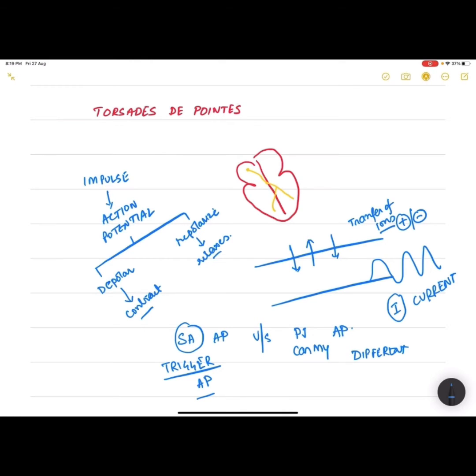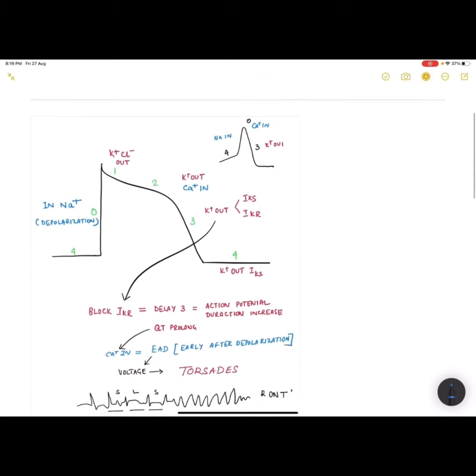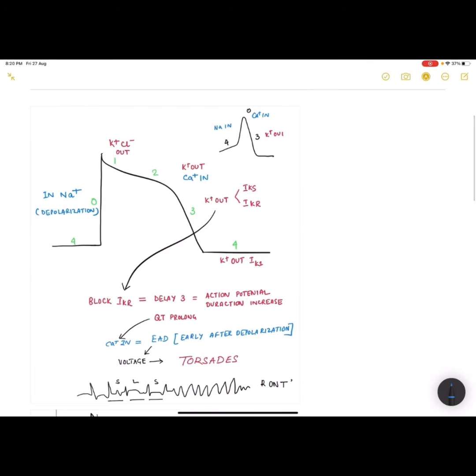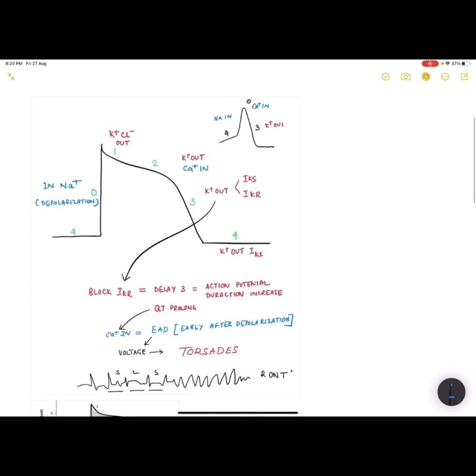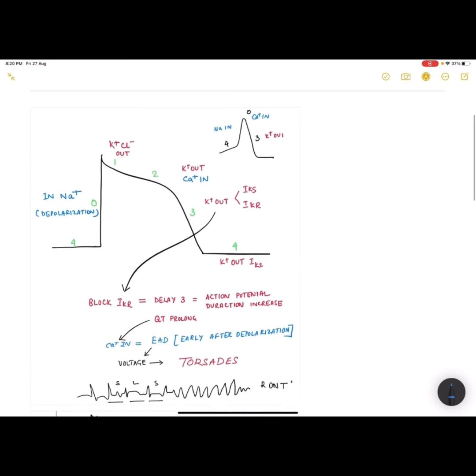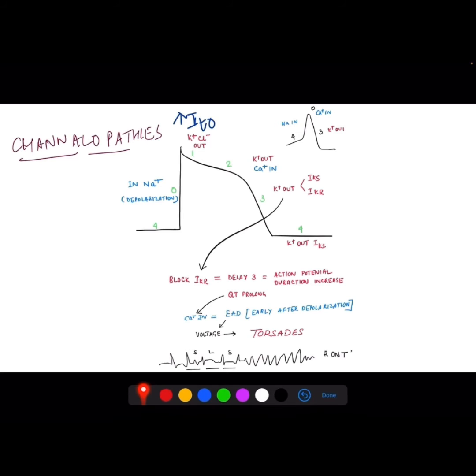Okay, so let me come back to the action potential curve. This is the action potential curve which you can see. In this there are totally 5 phases: 4, 0, 1, 2, 3 and 4.